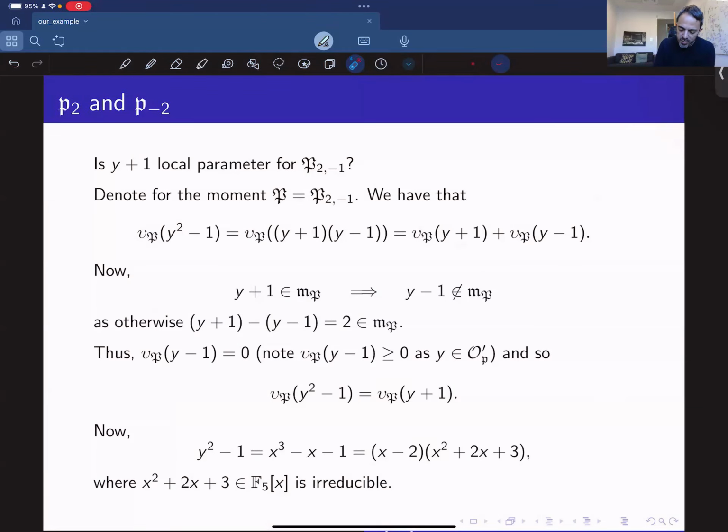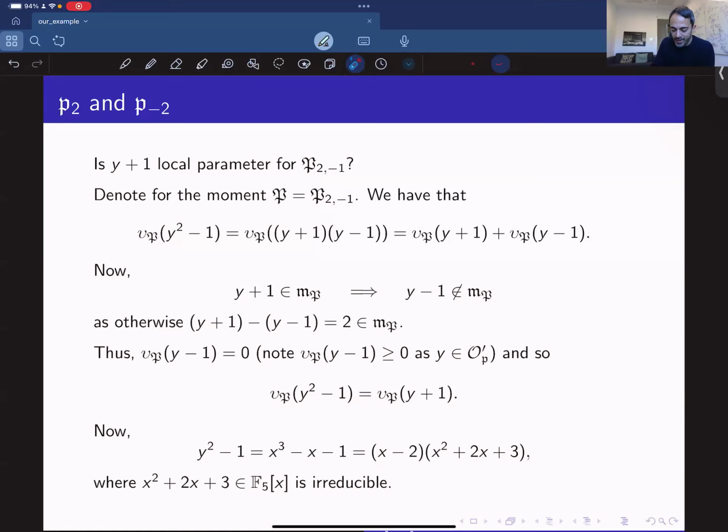So, just to save some notation, let's denote this new place that we are trying to understand by capital P, without the 2 and minus 1. And so, we really want to understand y plus 1, and we understand y squared, because y squared is x cubed minus x, and what happens in the rational function field in x we do understand.